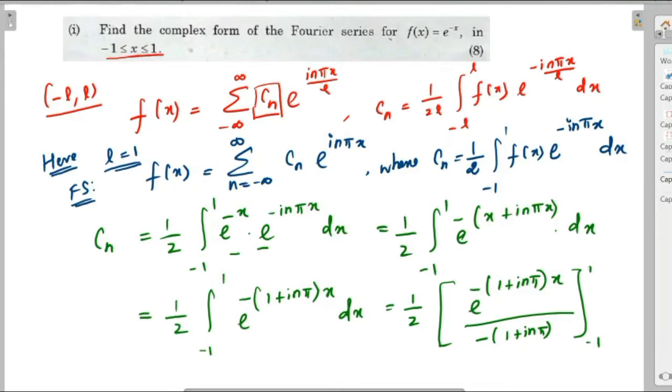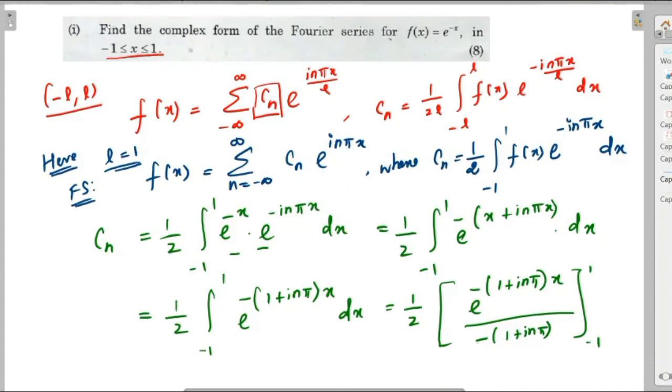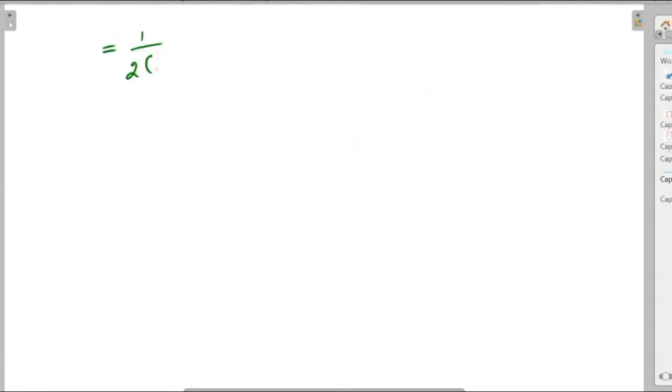Which is equal to 1 by 2, taking minus of 1 plus i n pi as a common term outside the bracket, minus of 1 plus i n pi into e power minus of 1 plus i n pi x from minus 1 to plus 1.